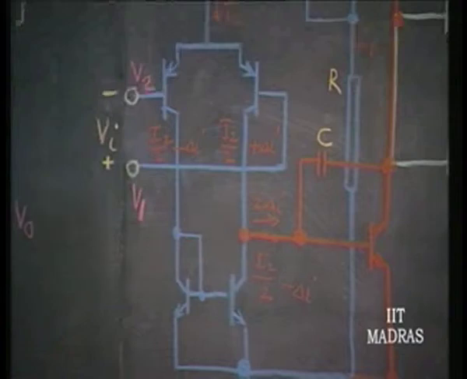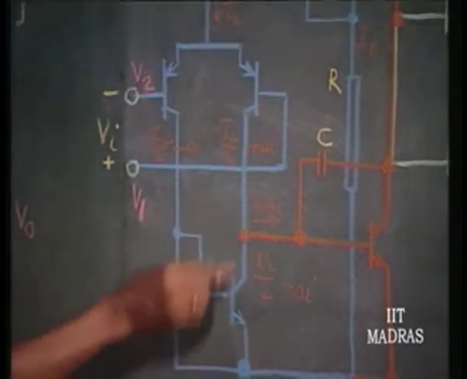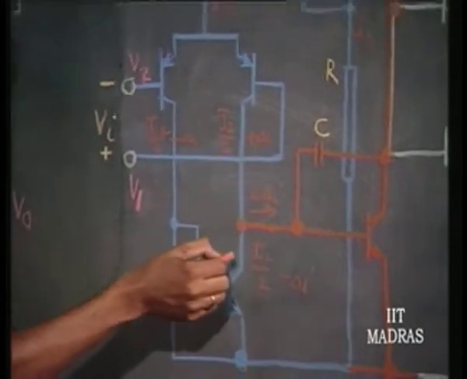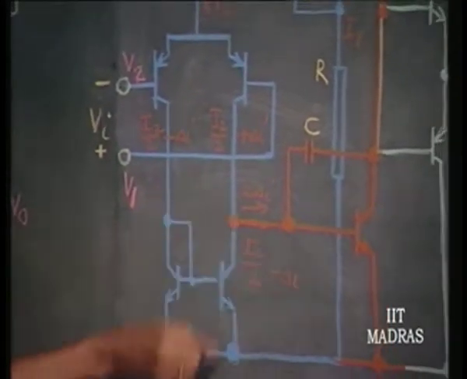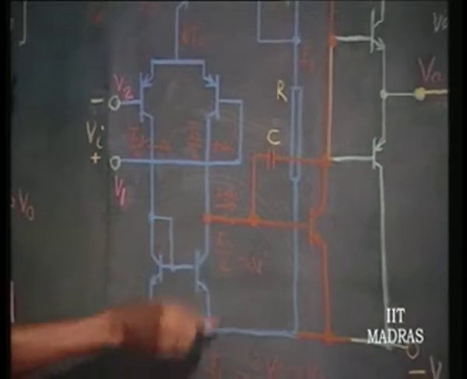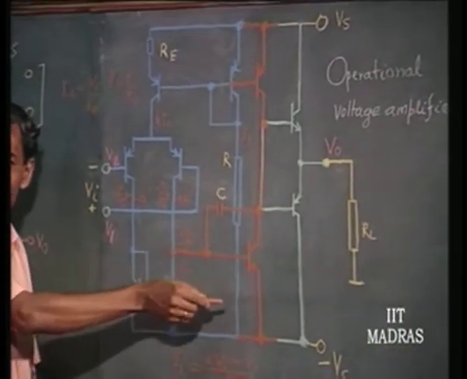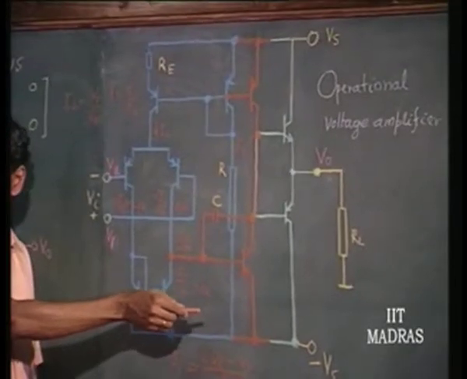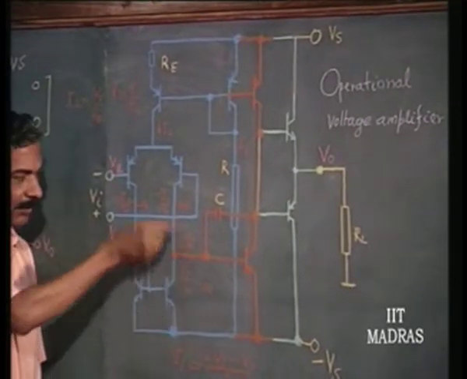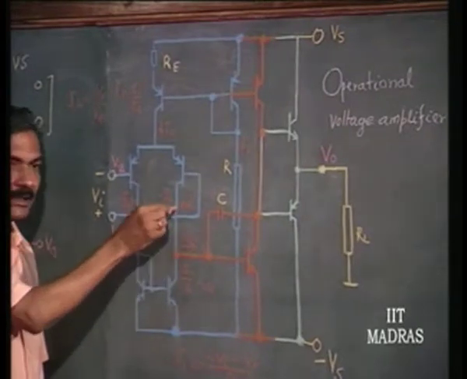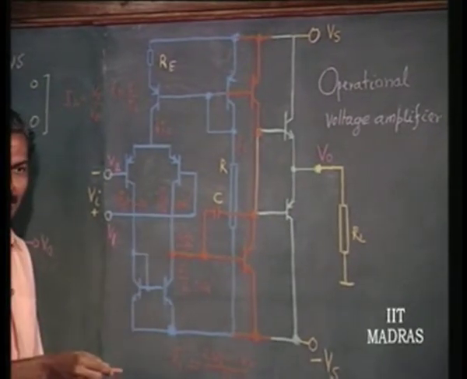Actually, there will be finite impedance here, and the input impedance of the next stage is going to effectively act as the load and voltage will be developed. Here it is shown as though it is 2 delta I times the input impedance of the next stage. That is primarily because we have ignored the output impedance of these current sources and sinks.